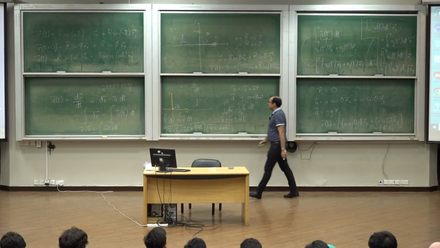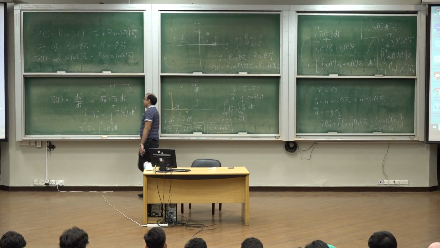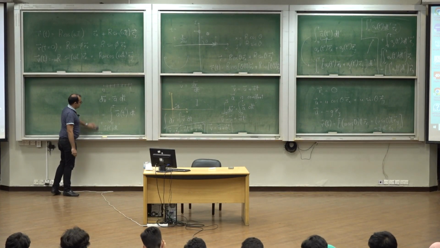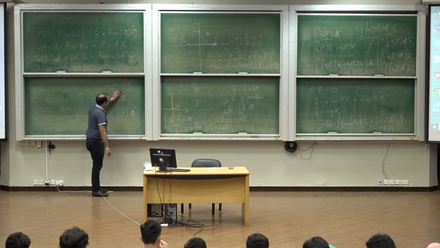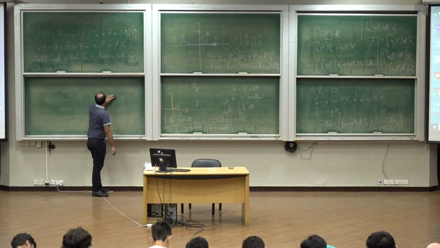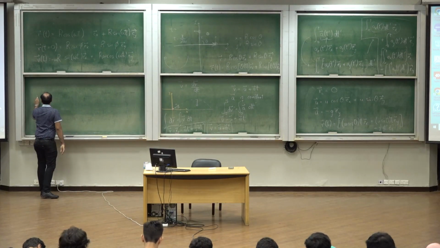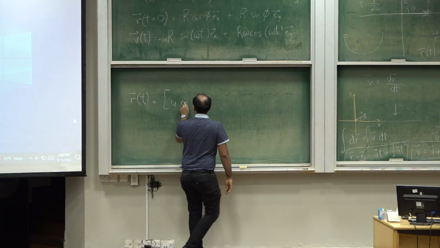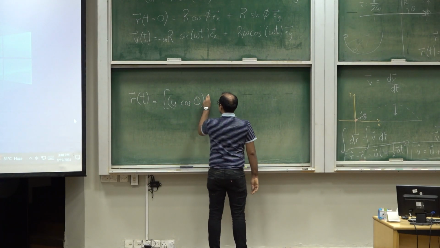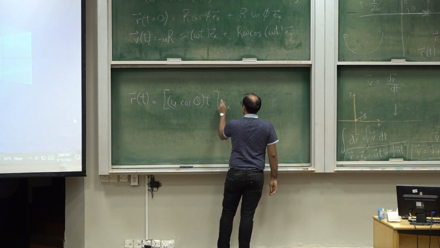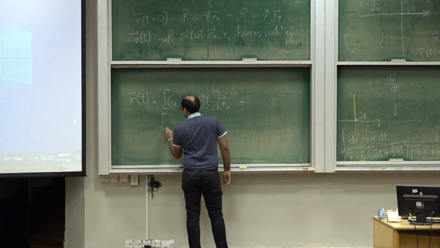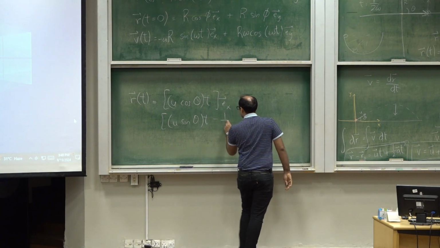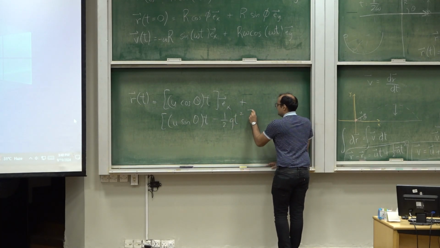Okay, so much for that. Now let's just rearrange this as usual. It's always nice to group together the x components and group together the y components. And what do you get? R of t will be equal to u cos theta times t Ex plus u sin theta times t minus half g t square Ey.